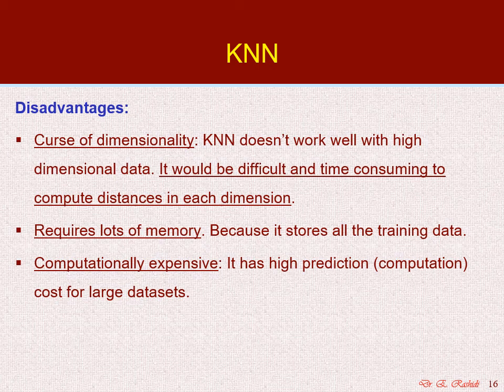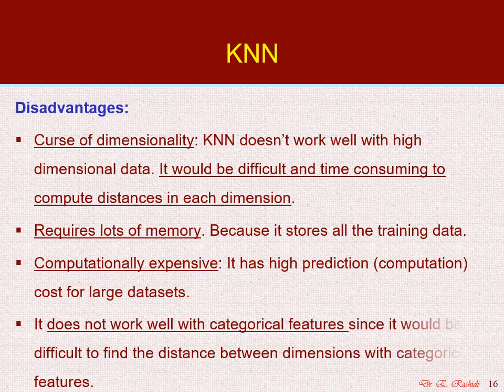The other disadvantage of the KNN algorithm is again a result of its nature, which is that it has to compute the distance between different data points based on a feature. So if you have categorical features, for example, how would you find the distances between them? That would be difficult and challenging. For example, we are able to find the distance between real values or any feature variable that has real values.